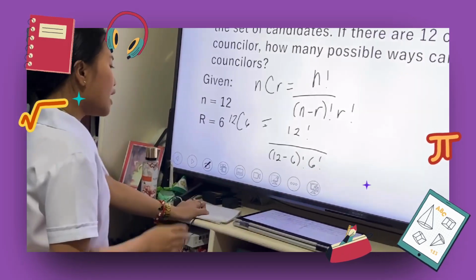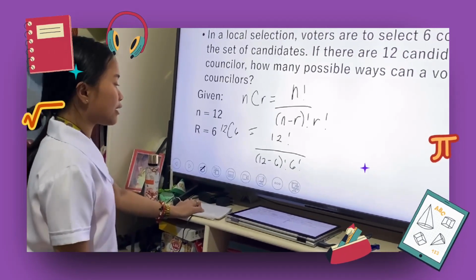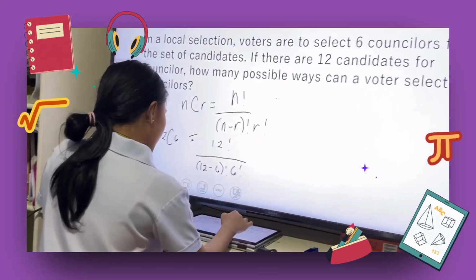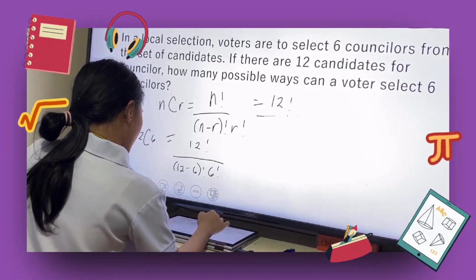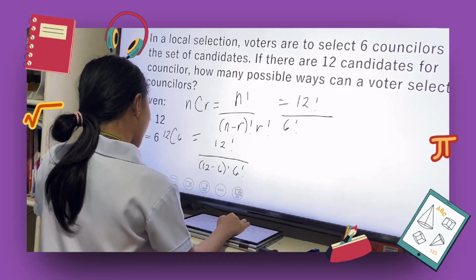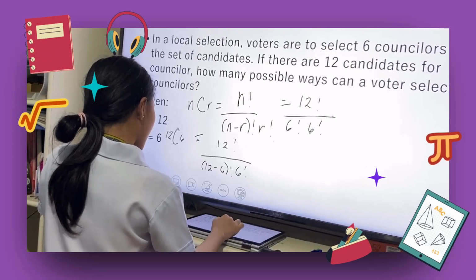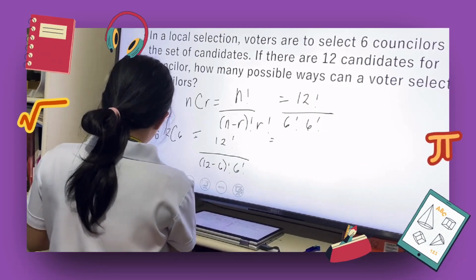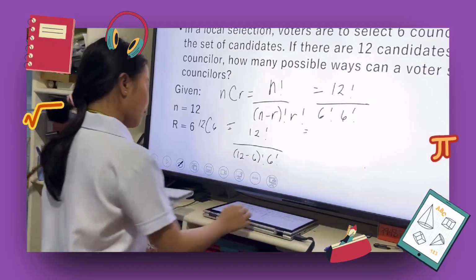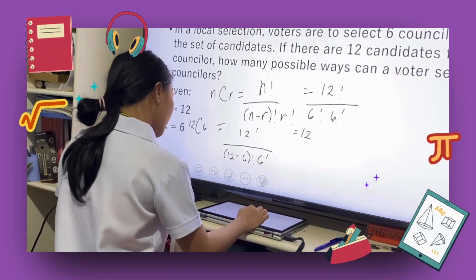Okay. So for the next step is to subtract 12 from 6. So 12 factorial over, okay, so 12 minus 6 is still 6. So put that there. For the next step is to do the cancellation method. So for the cancellation method, we need to multiply these first.